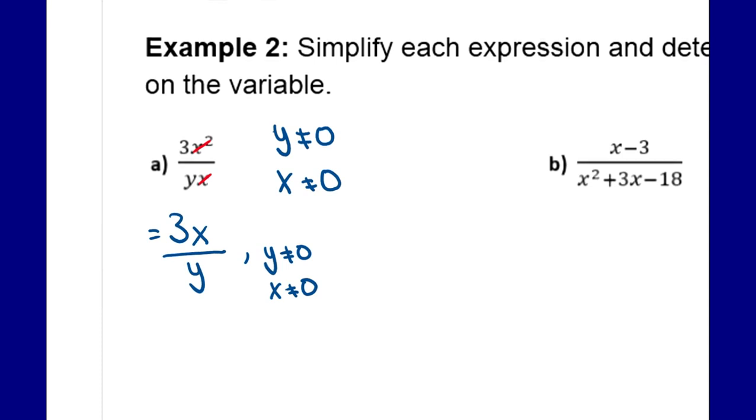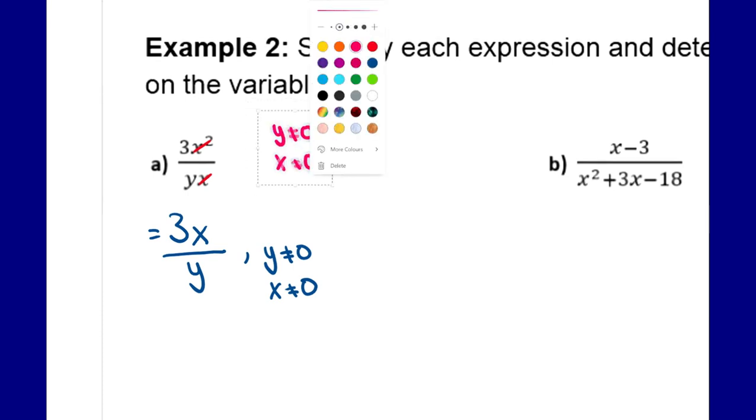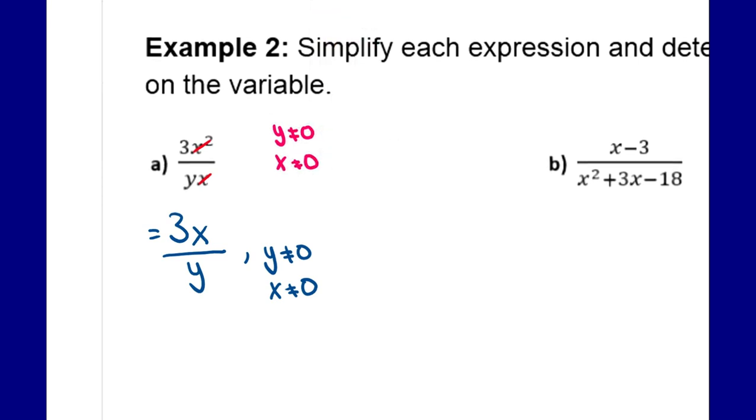I know I'm writing these down multiple times, but I'll put these ones in pink. So what we want to start doing is start looking for the restrictions as we progress through. Because if I look at this simplified form, I only see the y.